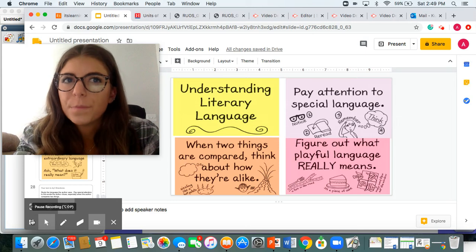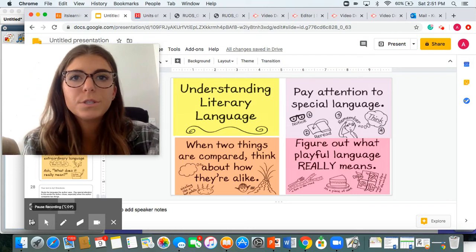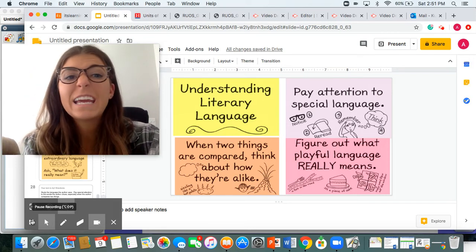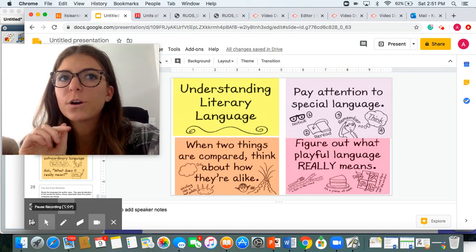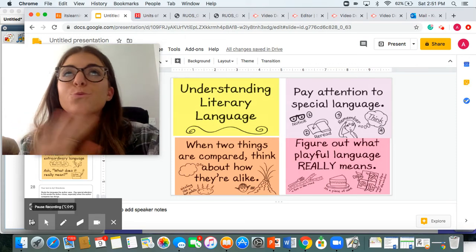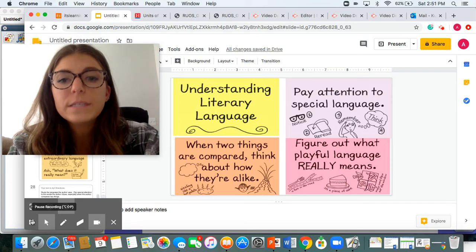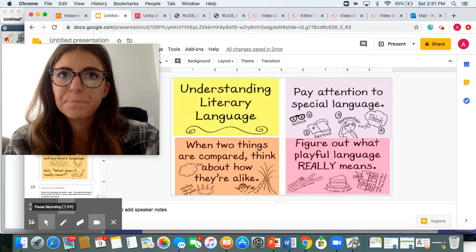And they wonder, what does the author really mean? The important thing for you to notice is that an author can take a plain old regular thing and choose just the right words to make it sound extraordinary or amazing. So I'm going to give you two examples, that way you know what you're looking for in your book that you are reading.